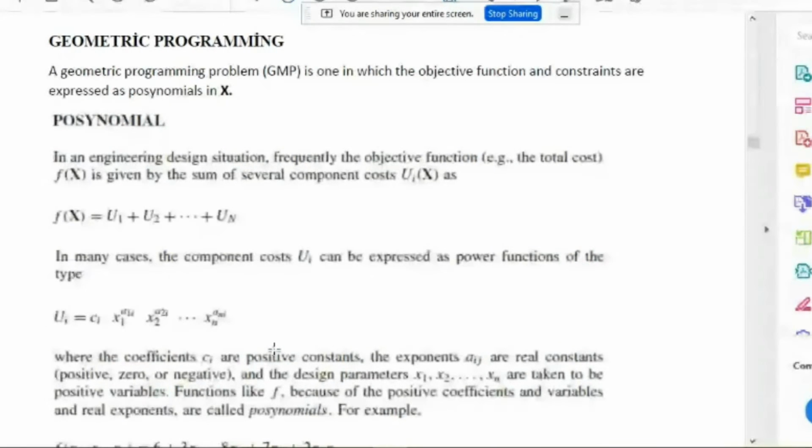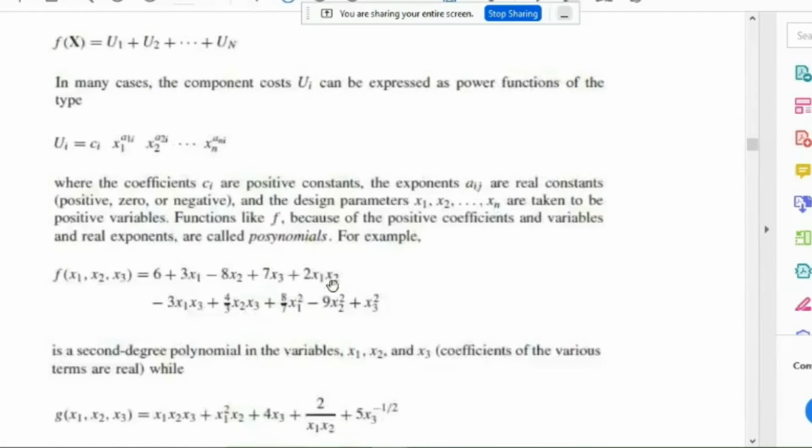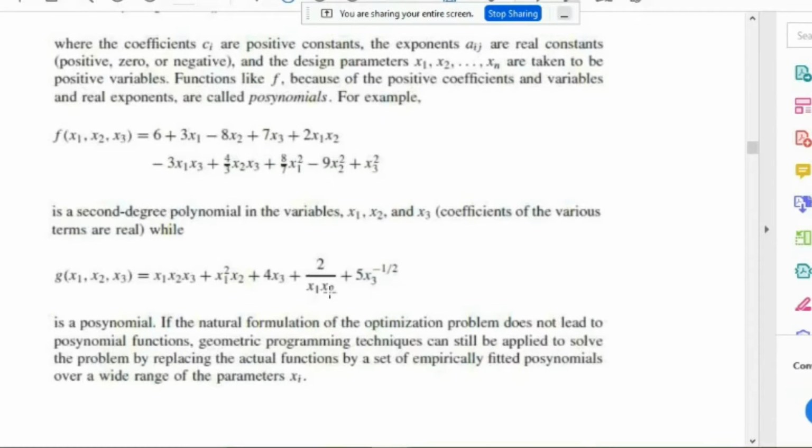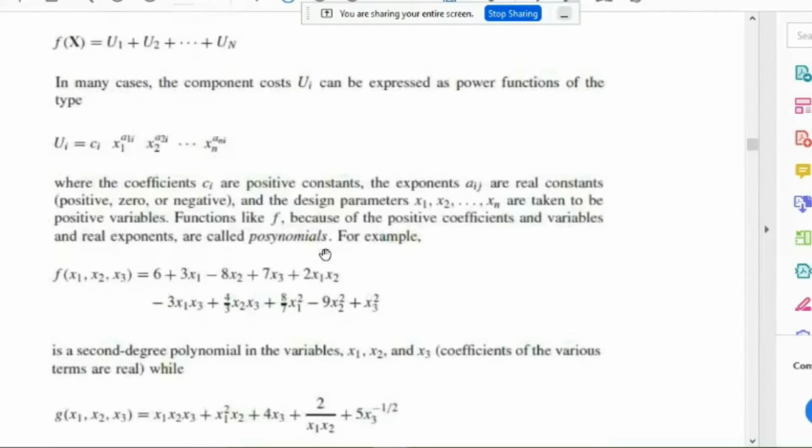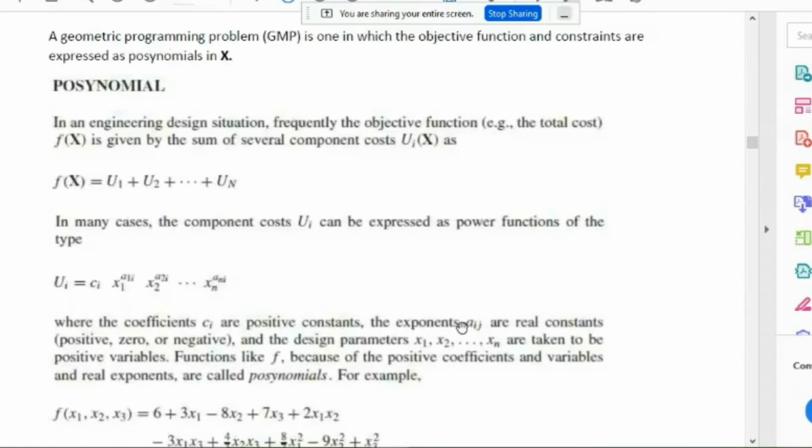Generally, in most design engineering problems, the application of geometric programming is mostly under-used, right? Even if the problem is not in polynomial form, we can manipulate it into polynomial form and then use the geometric programming approach specifically.